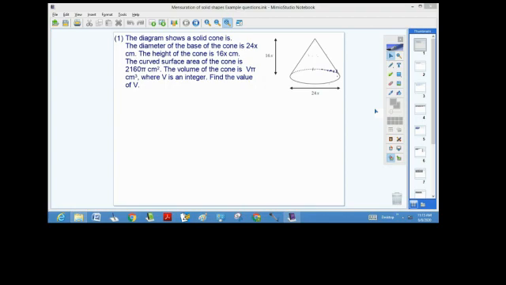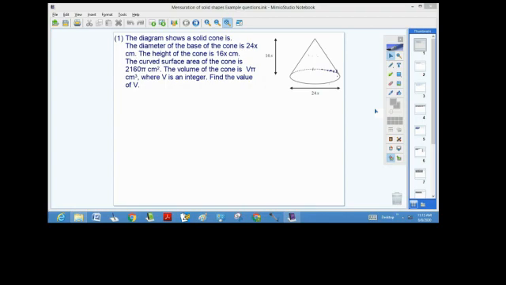Making use of these different examples, we are going to be able to know how to do the calculation or the mathematics involved in this mensuration.